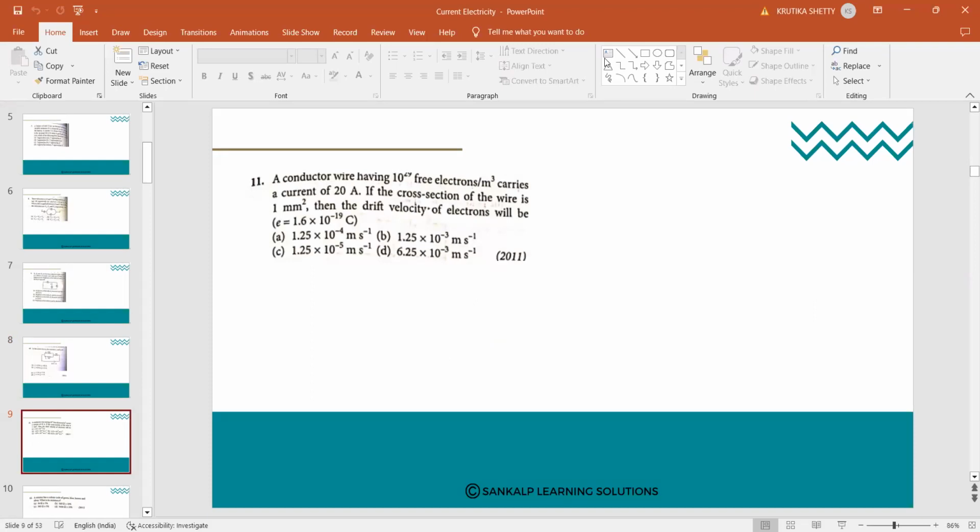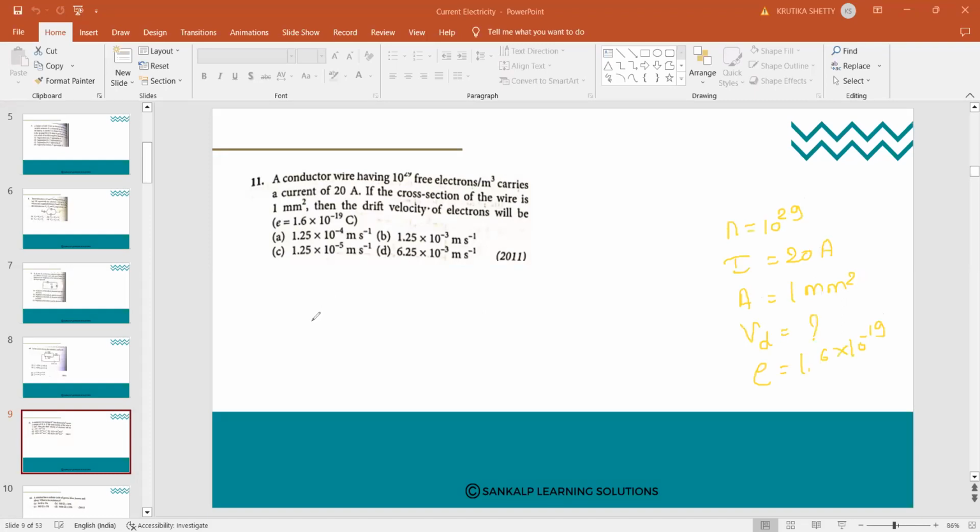So they are asking for drift velocity. The number of electrons is 10 to the power of 29, current is 20 ampere, and the area of cross section is 1 millimeter square. What is the drift velocity when the charge of the electron is 1.6 into 10 to the power of minus 19?